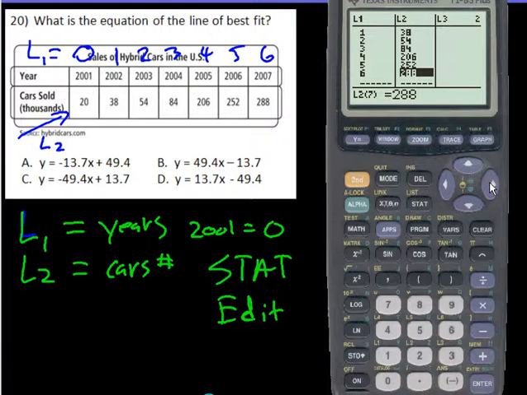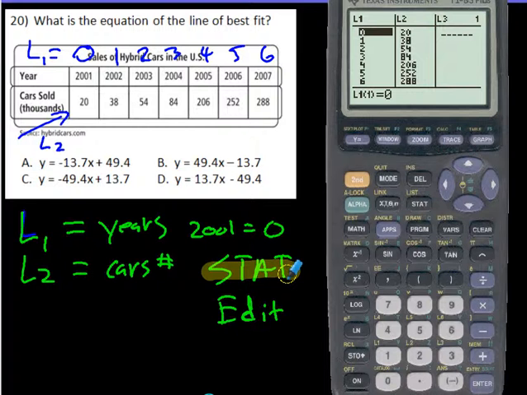So 288, 252, yep, 206, yep, 84, good, 54, good, 38, good, 20, it's the first one, and I'm good. That doesn't take very long, and it will save you a huge amount of frustration if you have the wrong number, because once you go to regression, you're not going to see the list anymore. So stat and edit gets the information in.